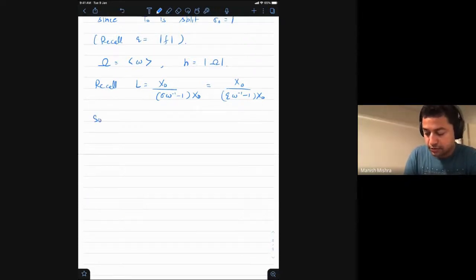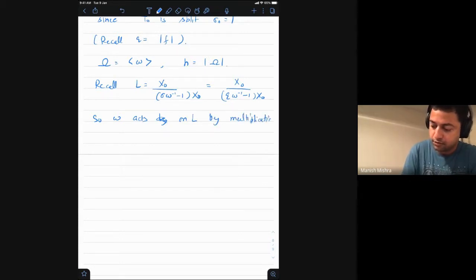So this means that omega acts on L by multiplication by q.